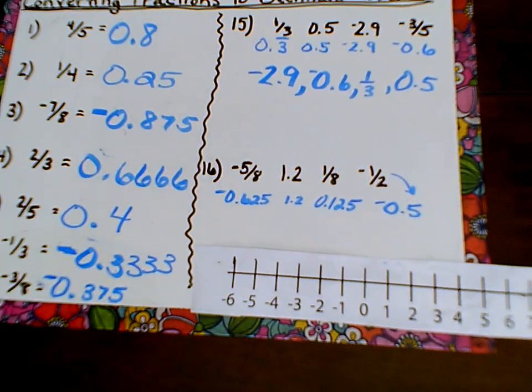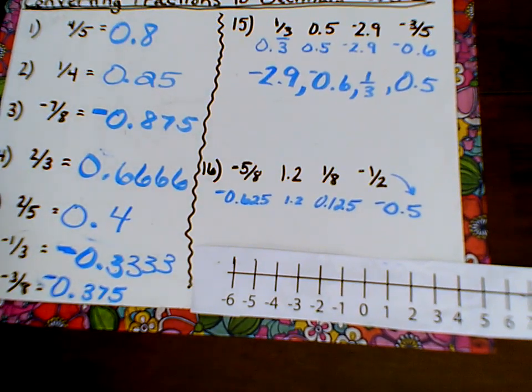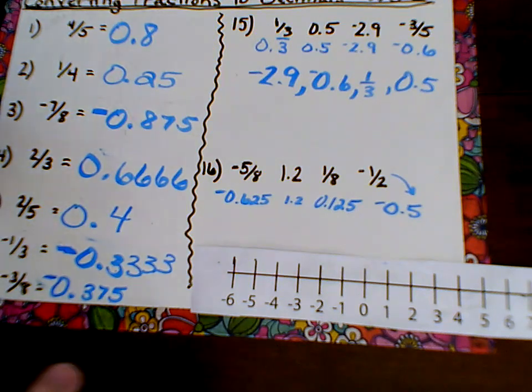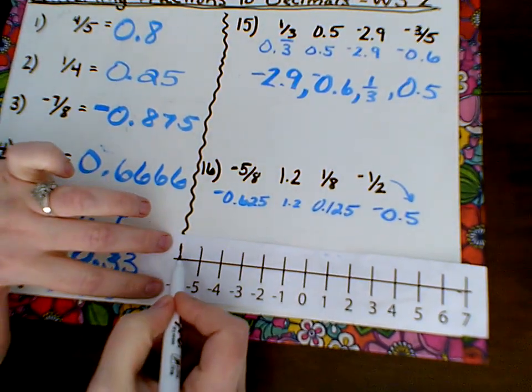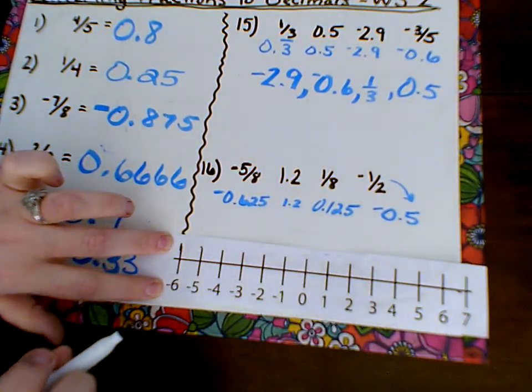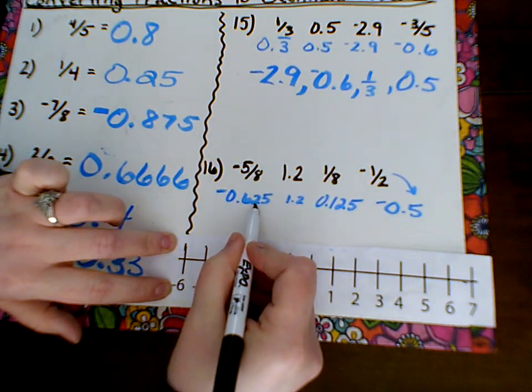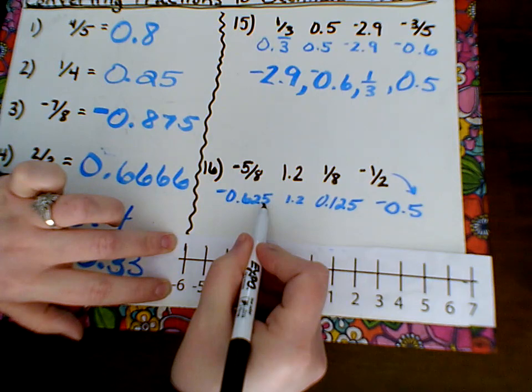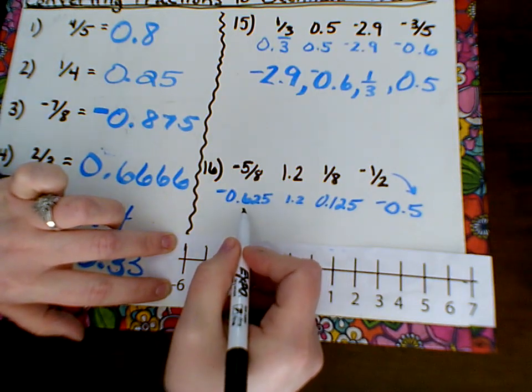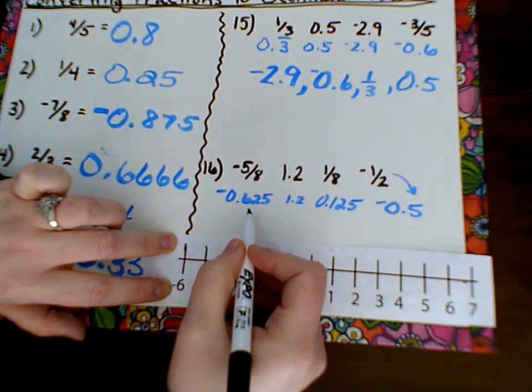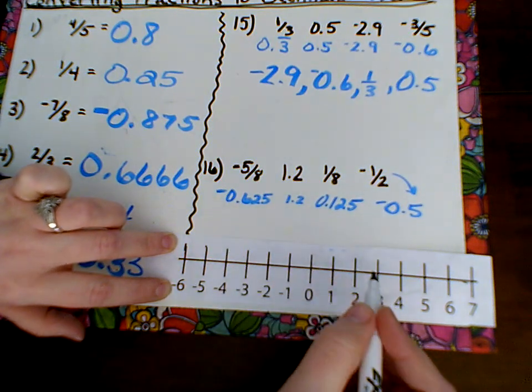Next thing I'm going to do is plot this on my number line. That way, when it comes to writing them from least to greatest, I just write them from left to right. So I have -625 thousandths. That's kind of close to -1/2, but it's a little bit further.